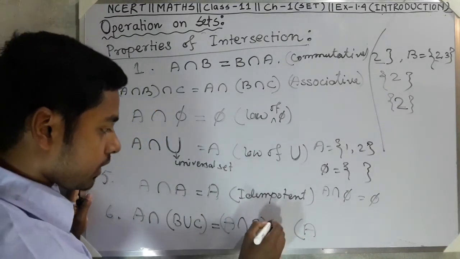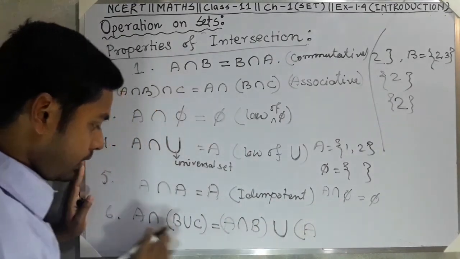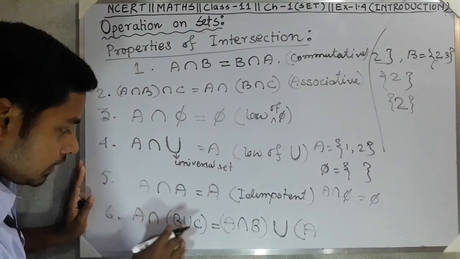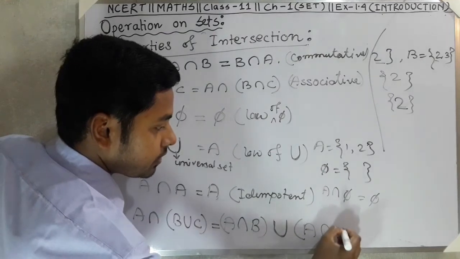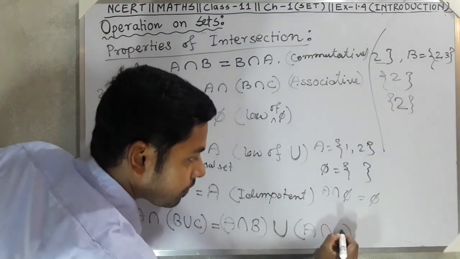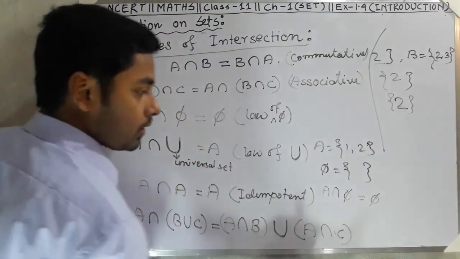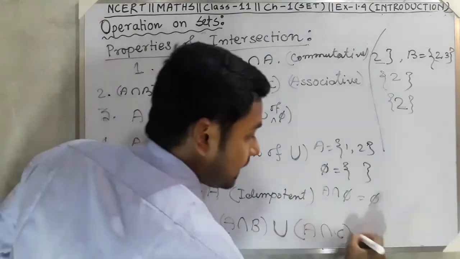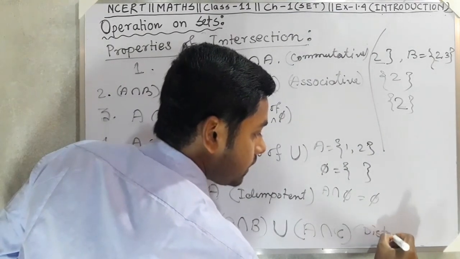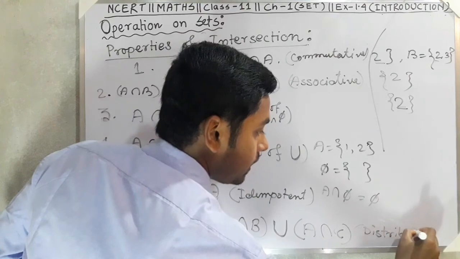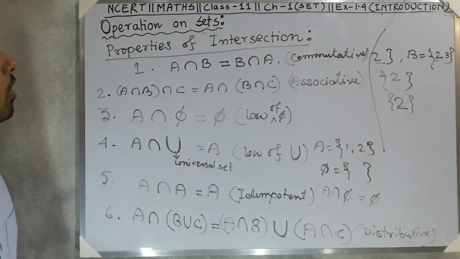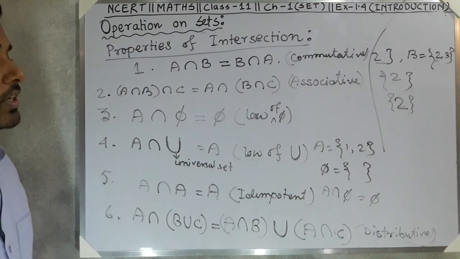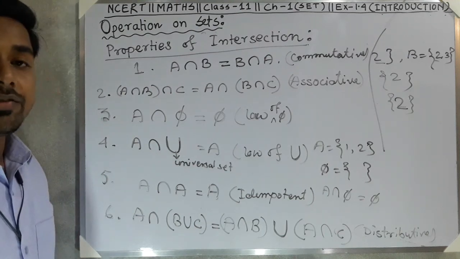Here union, not intersection. A intersection B, then union A intersection C. This is called the distributive property. Okay, so these are the properties of intersection. So pause the video to note it down.